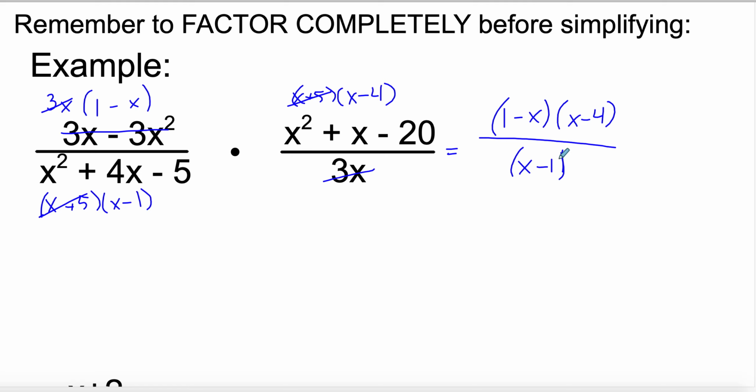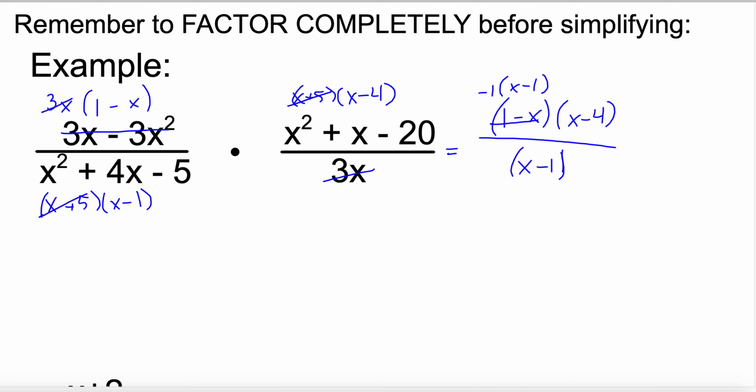Okay? Now some of you might have recognized that this and this are very similar. Remember when I taught you guys to factor, you never want to leave those variables a negative. So how can I switch this variable to a positive? Well, if I take out a -1, that's going to flip that around and make that x a positive and that 1 a negative.